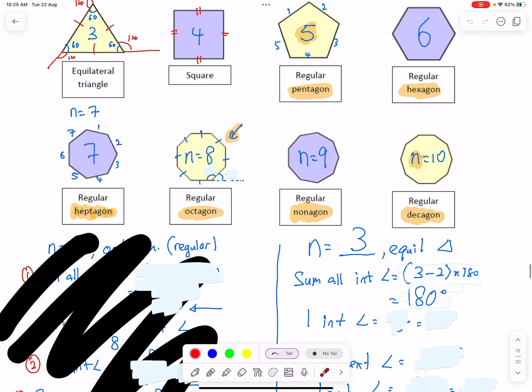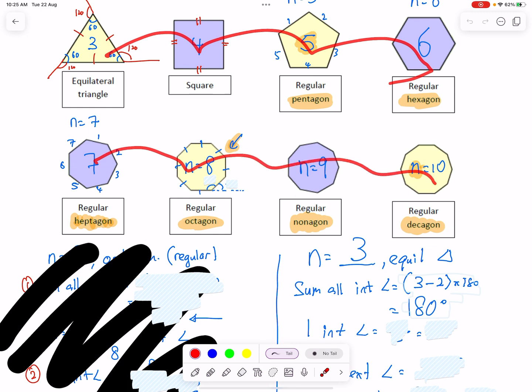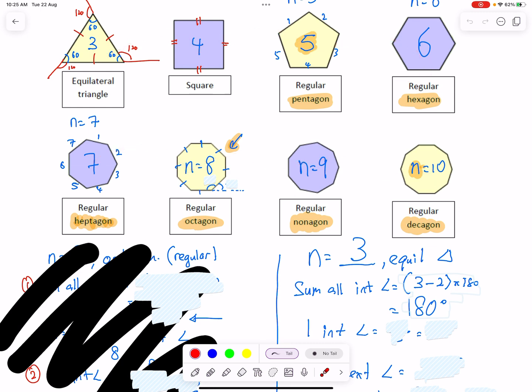So 3 minus 2 is 1, and 1 times 180 is 180. With this understanding, I can go on and find any n-sided shape. I can know the sum of all the interior angles.